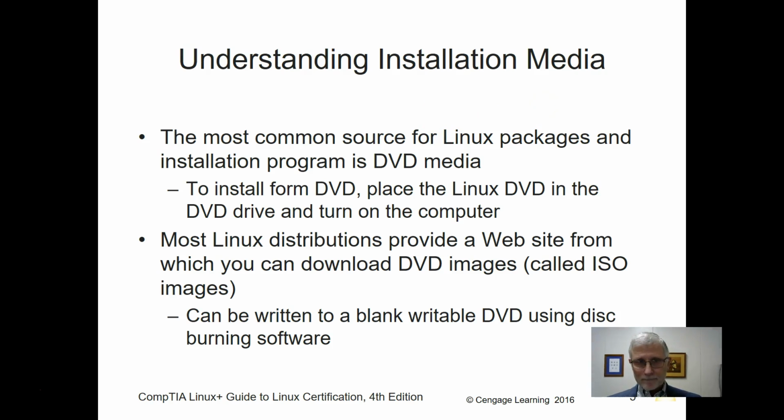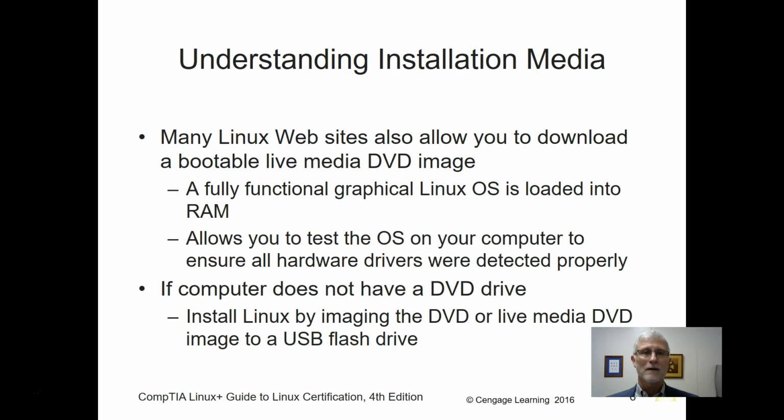Now, understanding your installation media. Granted, all the instructions here are for DVD and DVD images, but most of them you're going to download from the website, and it's going to be an ISO image. So probably a fairly large file, but at least it can be used as a DVD image, or it can be read in that way.